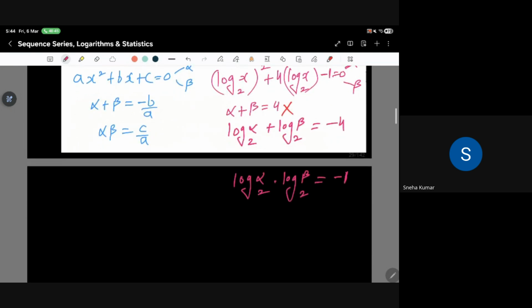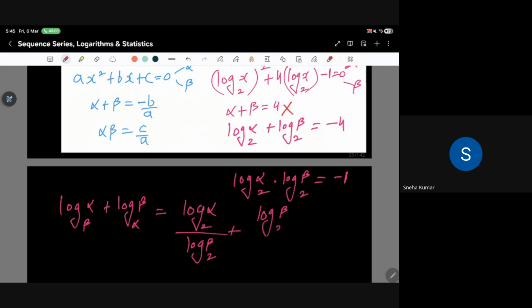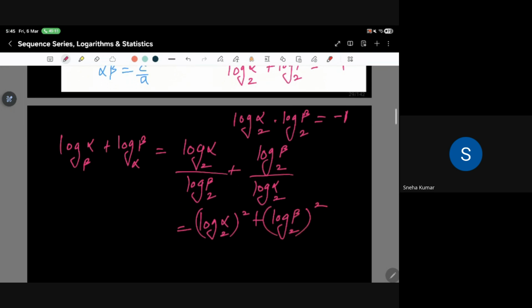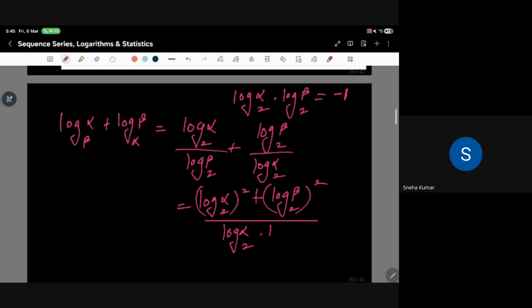So now when you have to find log alpha base beta plus log beta base alpha, we can break this into the base 2 form. So when you now take the LCM, it becomes log alpha base 2 whole square plus log beta base 2 whole square by log alpha base 2 times log beta base 2.